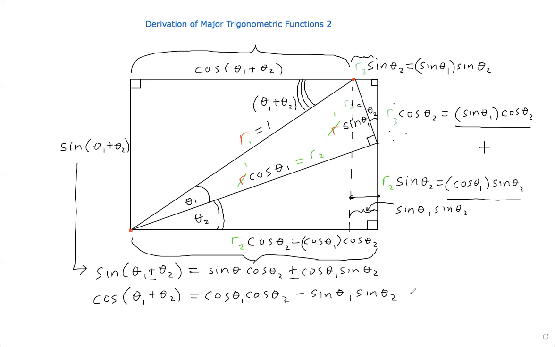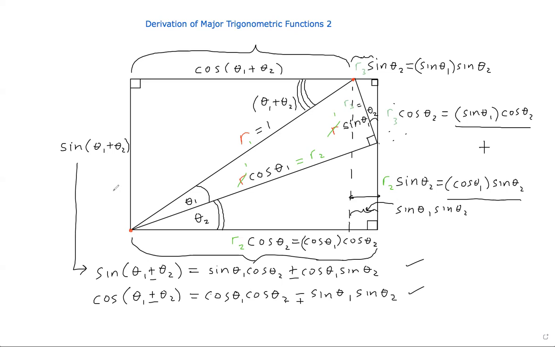Okay, check, we have the angle sum identity. So when we add the cosine for the cosine of the sum of angle formula, we subtract these two terms. So if we put a subtraction sign there, we know that we add them.